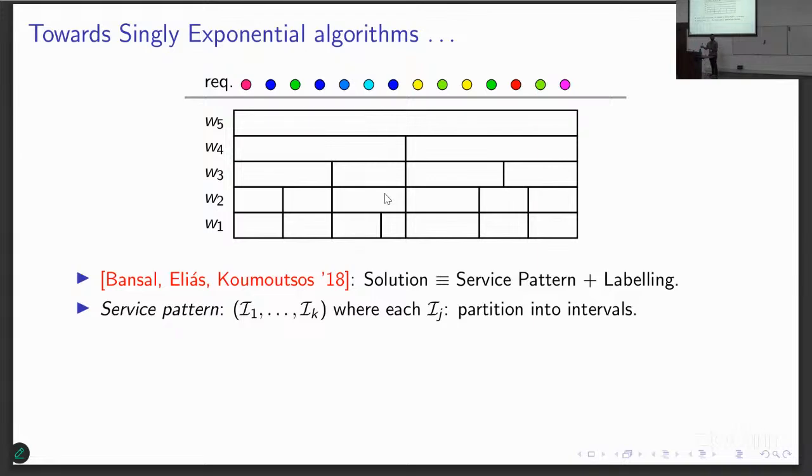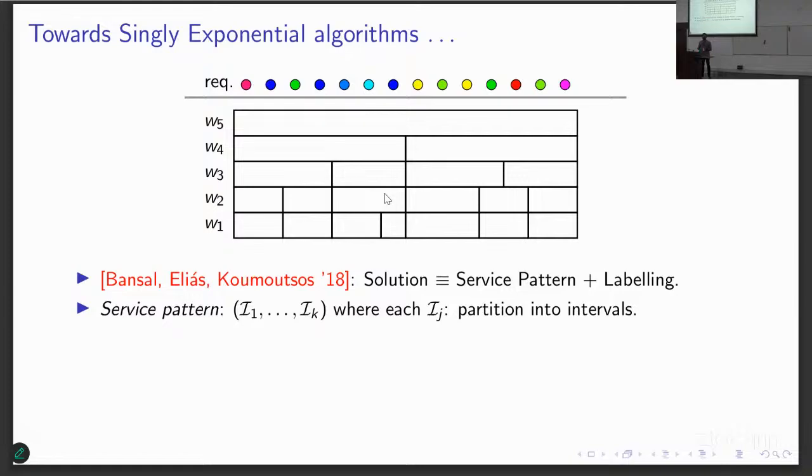Now if you consider the movements of all the K servers, here there are 5 servers, each of these partitions the entire timeline, and this entire thing put together is a service pattern, where each level corresponds to movements of some server.